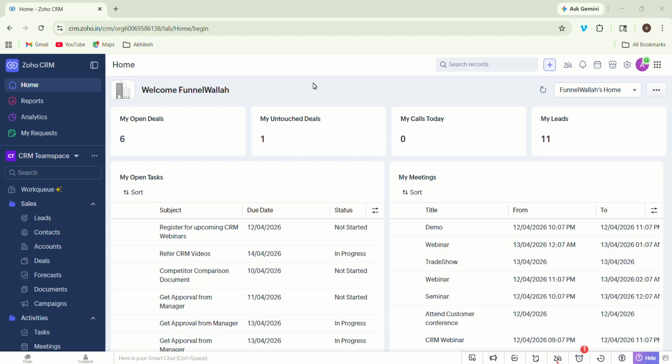So let's understand what a pipeline is and why it's critical to your business. Before we touch anything on Zoho, let me explain what a pipeline actually is at a business level, and we are not going to talk about textbook definitions. We are going to talk about the real pipeline. First understand, a pipeline is your revenue visibility system. Think about this line again. A pipeline is your revenue visibility system.